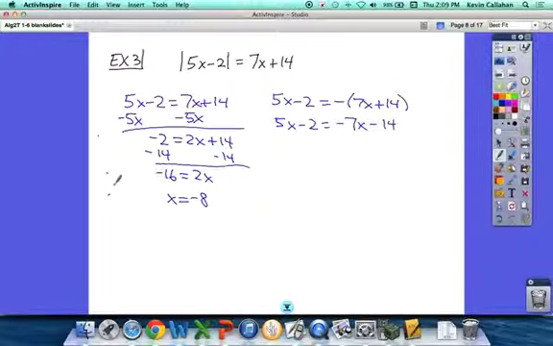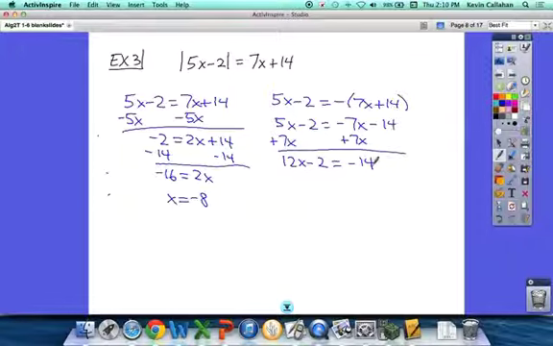Solve the other one. Which is the smaller of the variable terms? The negative 7, right? Negative 7 is less than positive 5. On the number line, it's to the left. So we have to add 7x to both sides. 12x minus 2 equals negative 14.